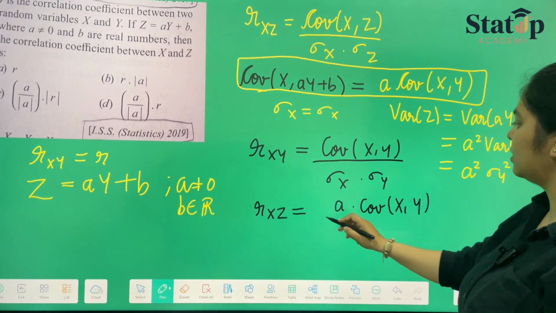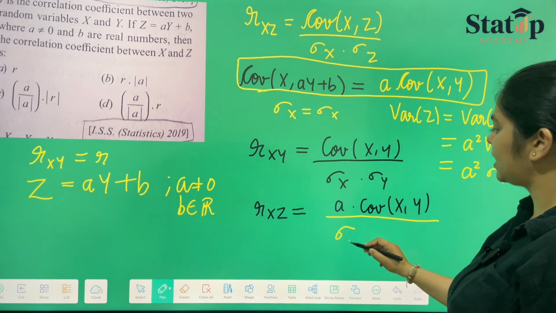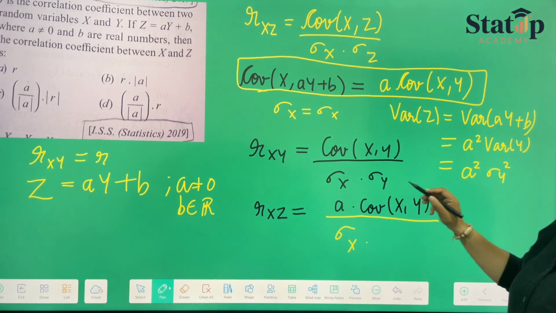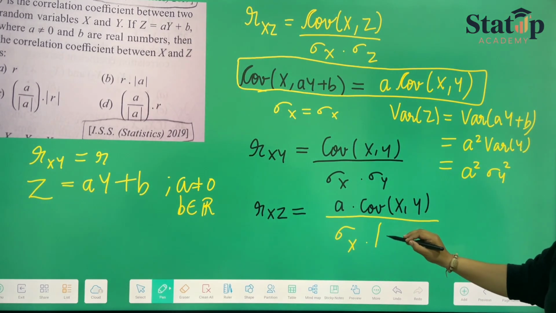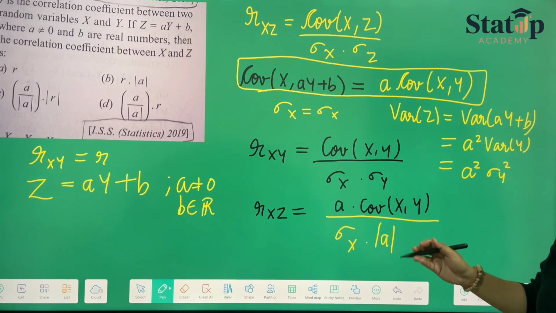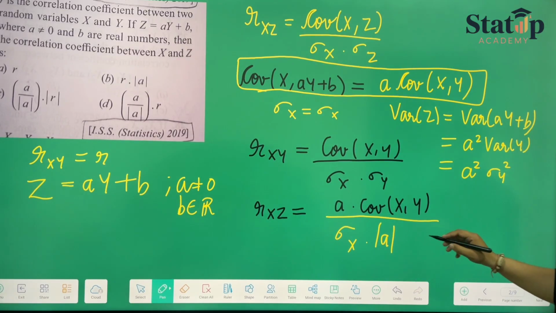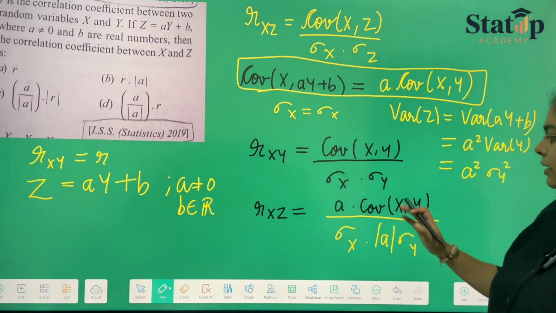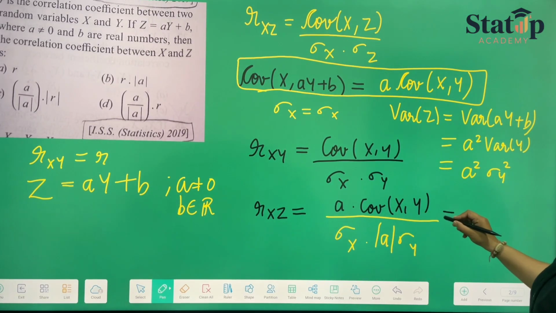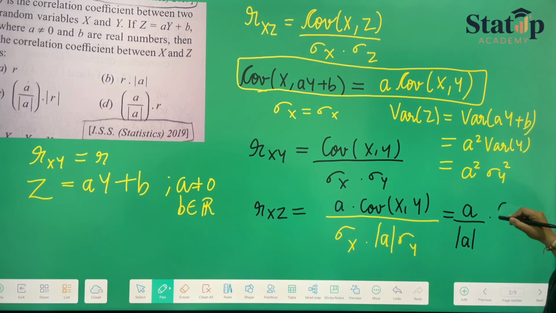Now sigma X stays sigma X, and sigma Z can be written as modulus of A into sigma Y, since when it comes out of the under root, it will be modulus of A. Now as you can see, this can be written as A upon modulus of A into covariance of X and Y upon sigma X into sigma Y.